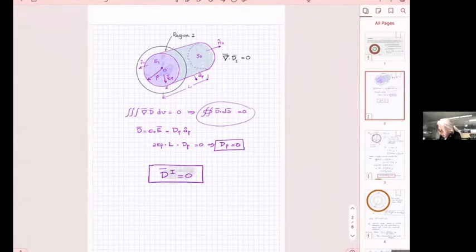The divergence is this one of D. But because there are no charges, and because there is a cylindrical symmetry, we also find that D is 0 by itself. Okay? Do you see that?